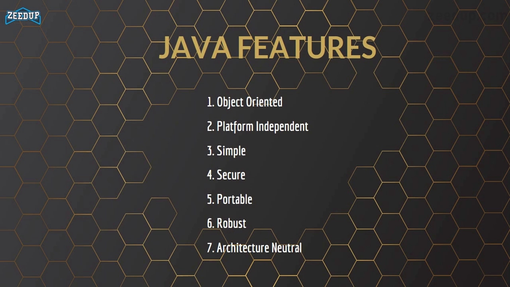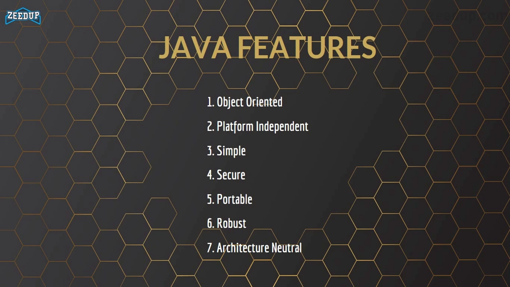The different features of object-oriented programming include polymorphism, inheritance, data abstraction, data hiding, etc. Along with it, the second most important feature is platform independence. If you discuss some other programming languages, say C or C++, they are platform dependent. But when Java is compiled, it is not compiled into a platform-specific machine code.